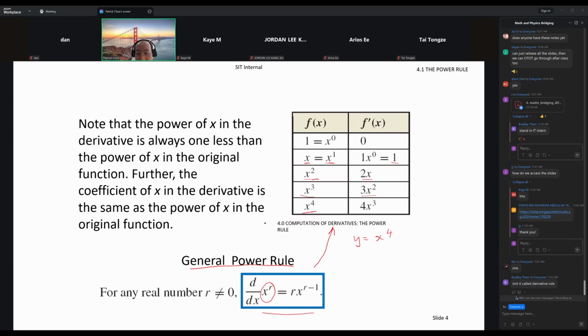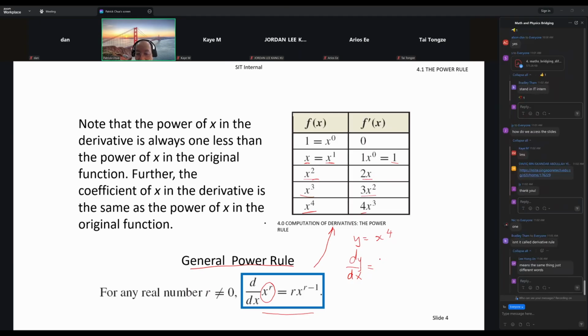Let's take x to the 4, which you can understand better. dy/dx will be, you bring the 4 to the front, multiply by x to the power of 4 minus 1. So it's 4x cubed. You differentiate x to the power of 4, you get 4x cubed, using the power rule.